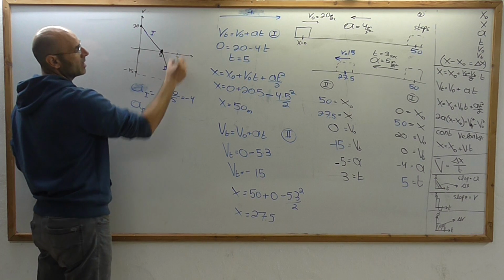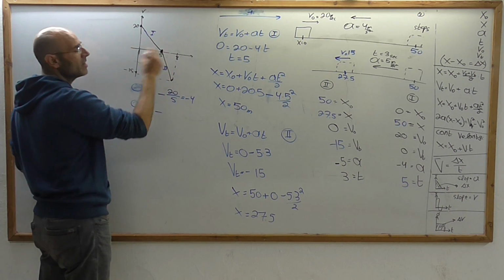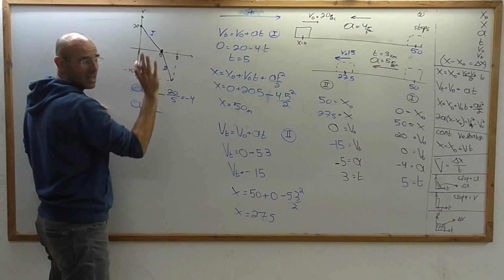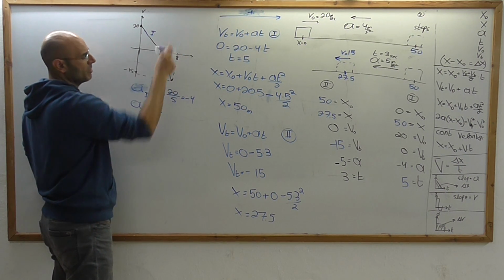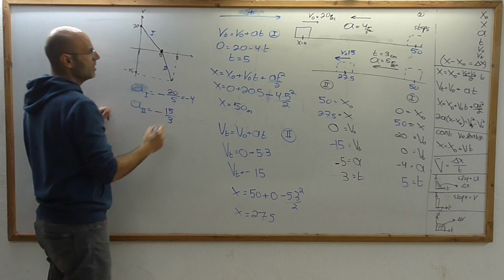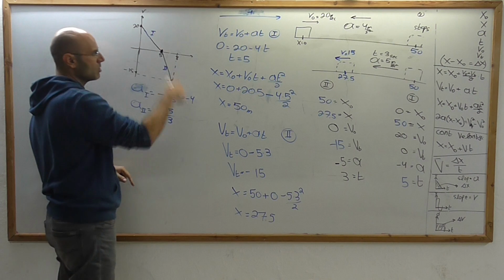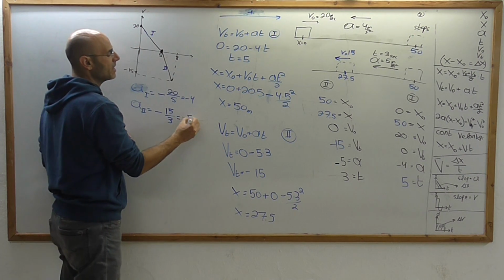Here I have this triangle, or that triangle, it doesn't matter which triangle, just use a triangle. Vertically, everything in absolute value, 15 over 3. Vertical is 15, 3 is horizontal, and minus because it goes down, minus 5.